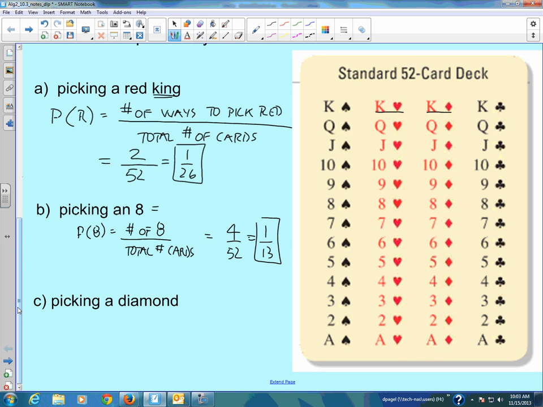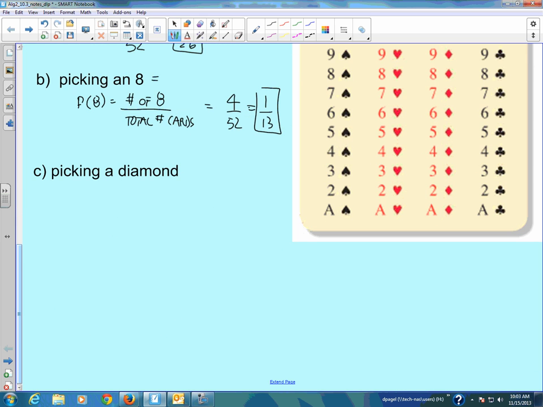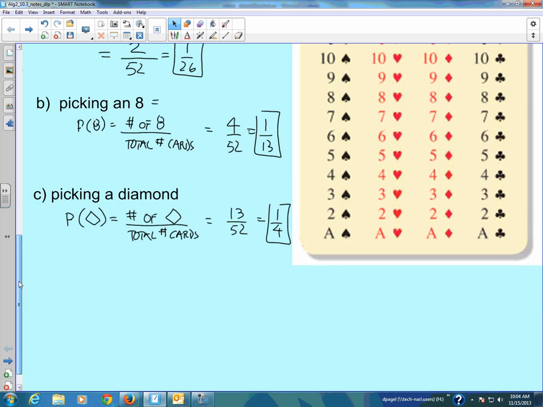Probability of a diamond would be equal to the number of diamonds, 13 diamonds out of the 52, which gives me a 1 in 4 chance that I would pick a diamond out of the deck. So that's simple theoretical probability.